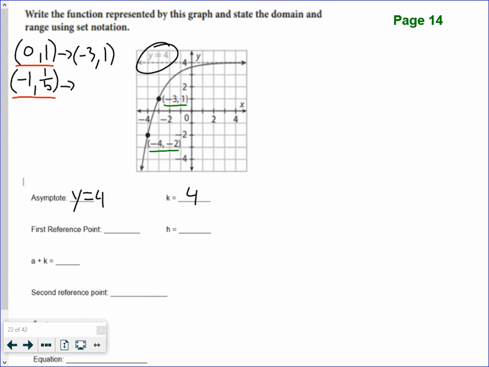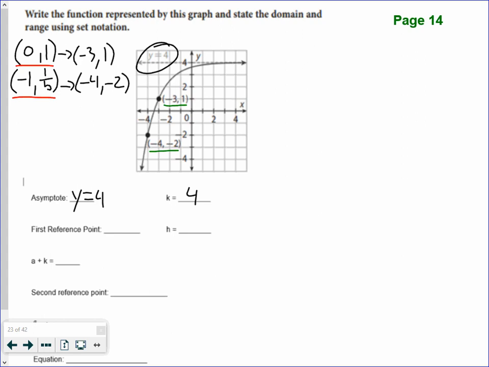The bigger of the two x values between the two parent points goes with the bigger of the two x values of your reference points on your graph. Bigger x value with a bigger x value, smaller x value with a smaller x value. So that's how you figure out which reference point goes with which.